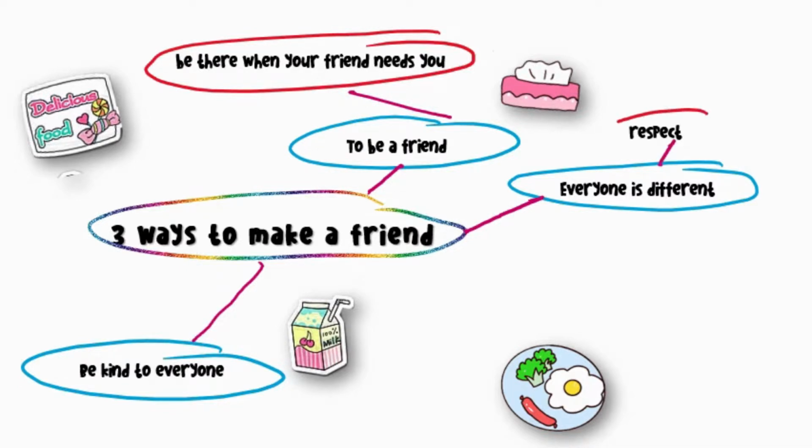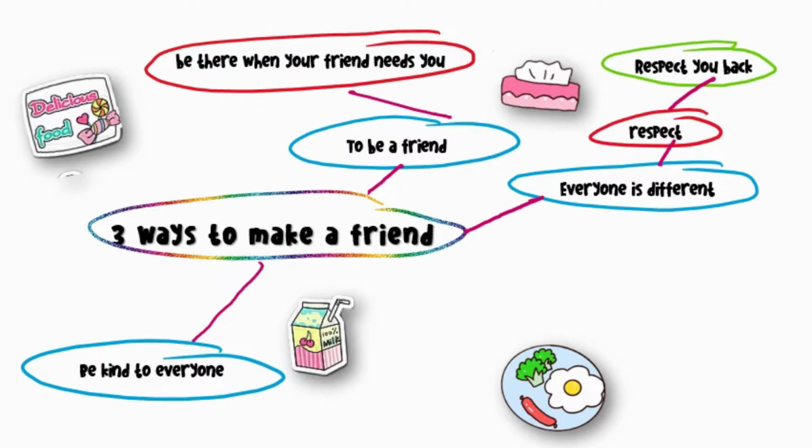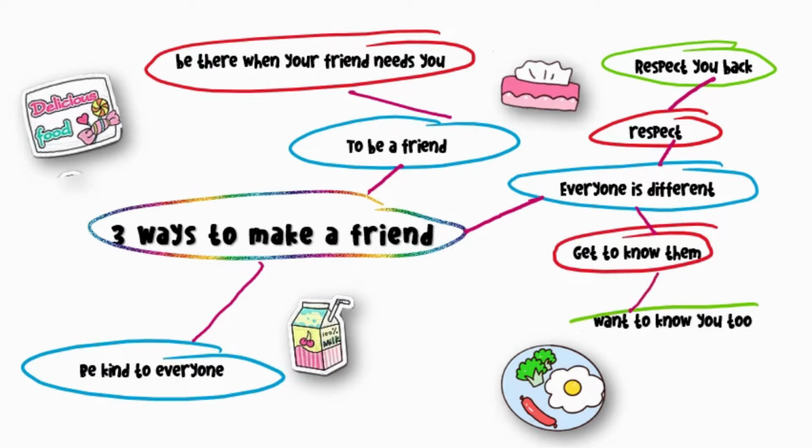Well, the result will be the same, but the approach is quite different. For the first one we find the main idea, supporting sentences, and supporting details, but for the WH questions, we try to find out the important information by answering the WH questions.